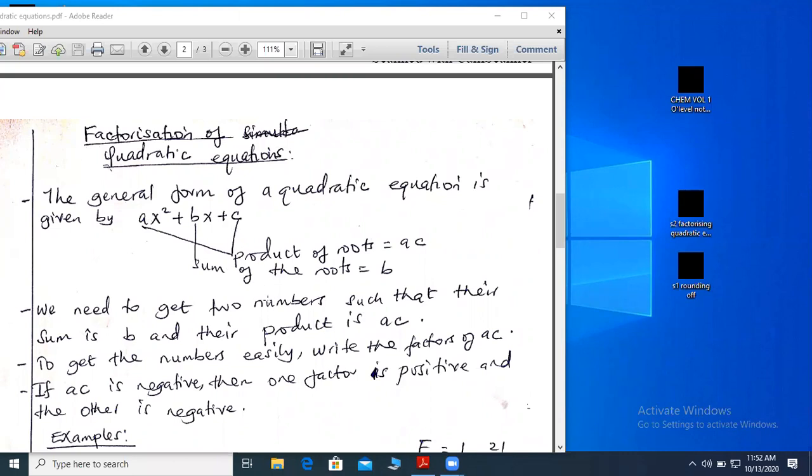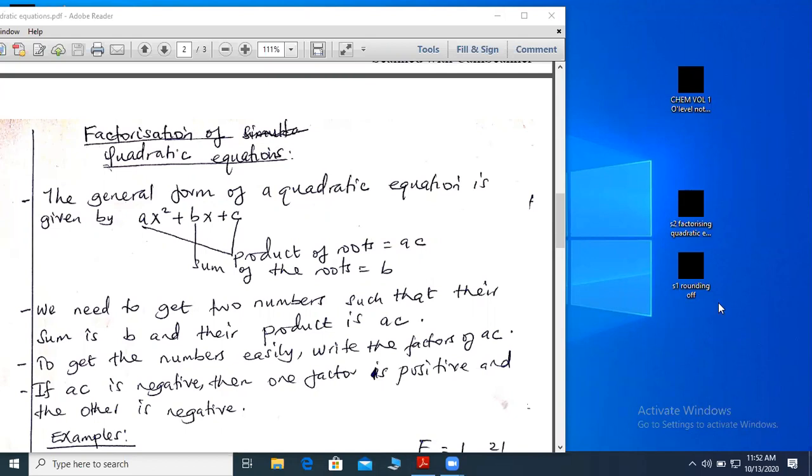Then you have finished. To get the numbers easily, write the factors of AC. Now, if A times C is negative, then one of the factors is positive and the other factor is negative.